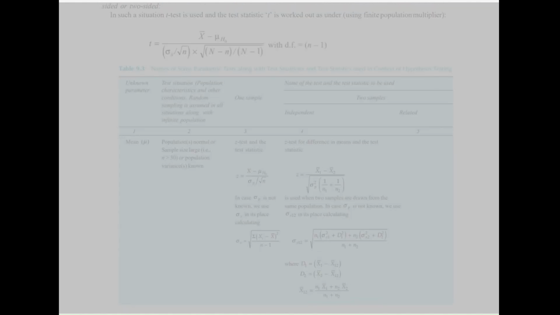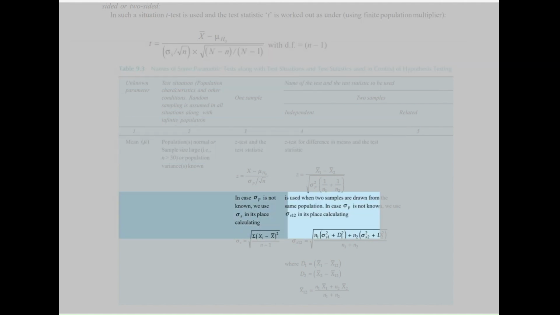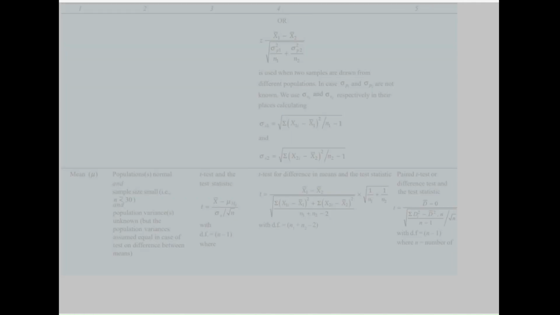Population normal, population finite, sample size small and variance of the population unknown, and may be one-sided or two-sided. In such a situation, t-test is used and the test statistic t is worked out as under, using finite population multiplier. Pause the video to look at the formula and table.